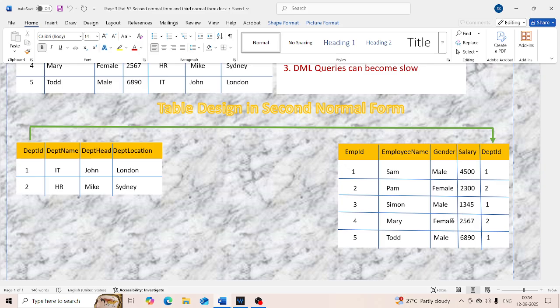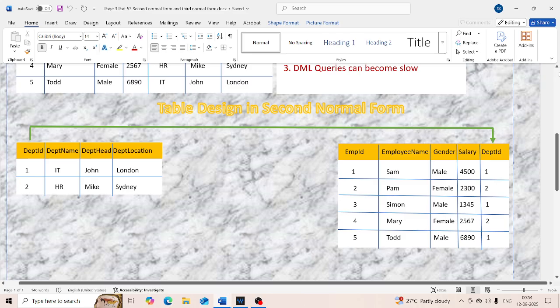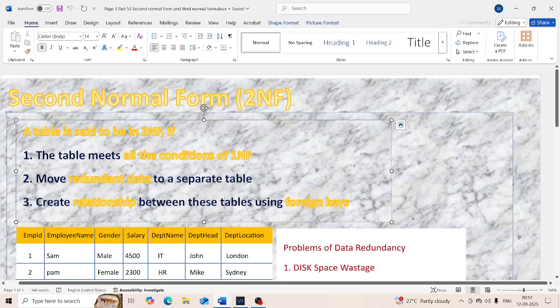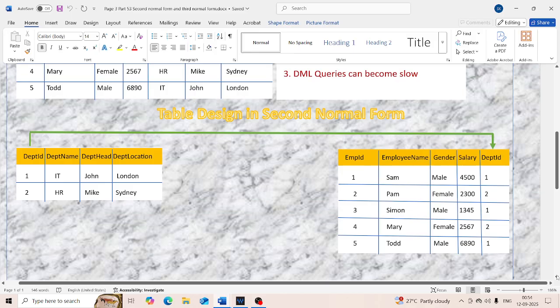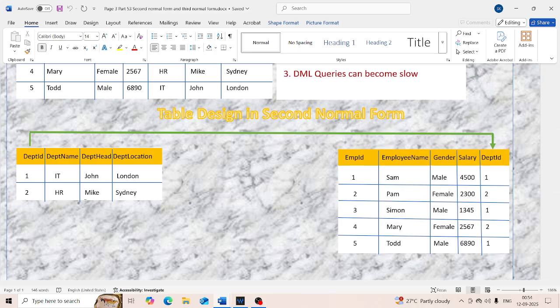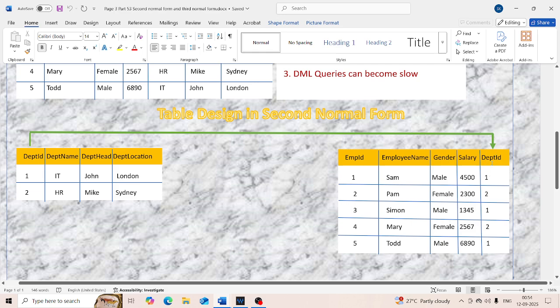Okay. So we've broken this table into two, moving redundant data into department tables and establishing the relationship between TBL employee and TBL department table using this foreign key, department ID.